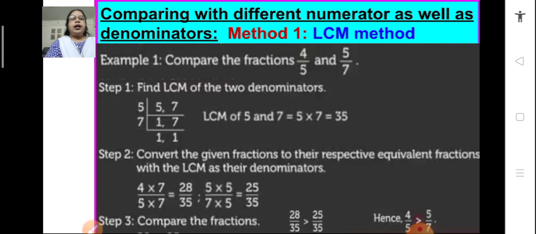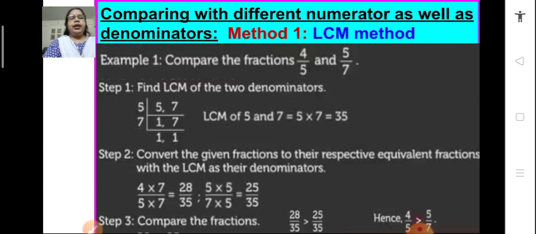And when we compare fractions with different numerators as well as different denominators, how do we do that? When we have fractions which have both the numerators and denominators different, then we convert them into like fractions. And how do we do that?